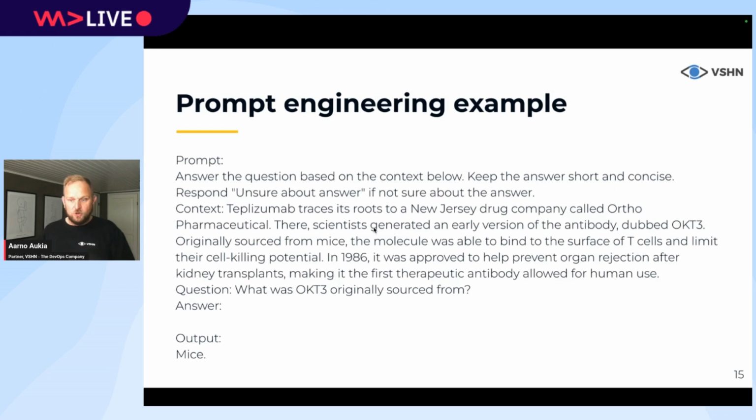And then you put all of this, your prompt, the context, in this case your question, and then you have this kind of answer column, like this template of where you want the answer to be, to the LLM, and then the LLM says mice, because it correctly determined that the antibody was originally sourced from mice, and you asked from where it was originally sourced. So that's actually correct, right? With this context, the most probable answer was mice, and that was actually the correct answer. So that's good for you, right?